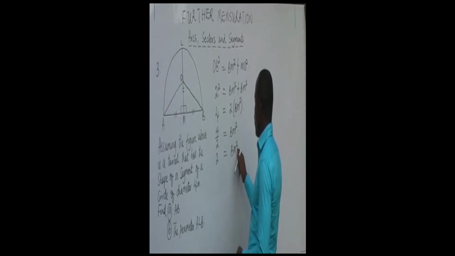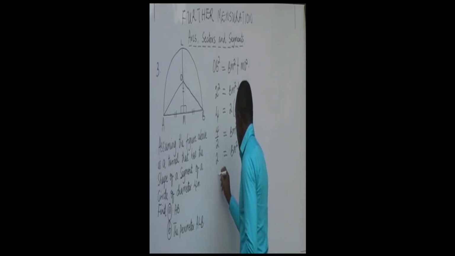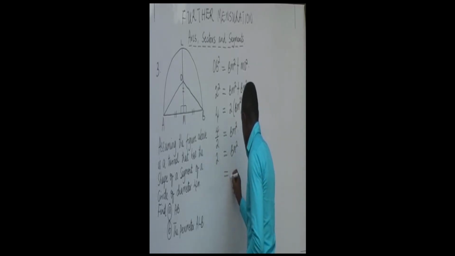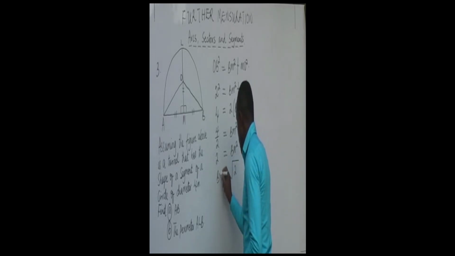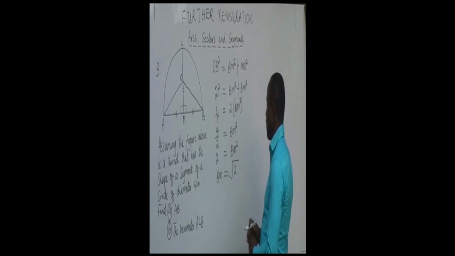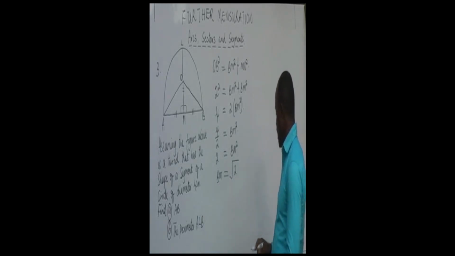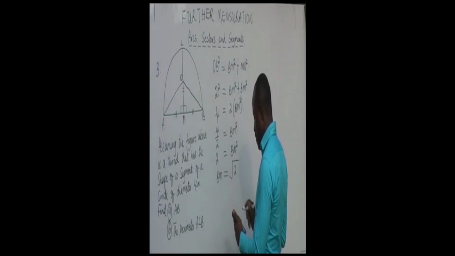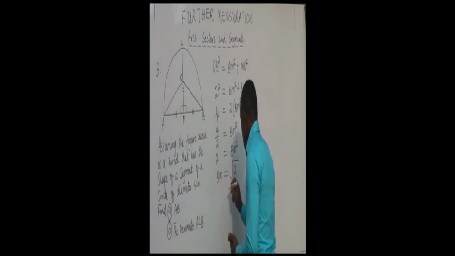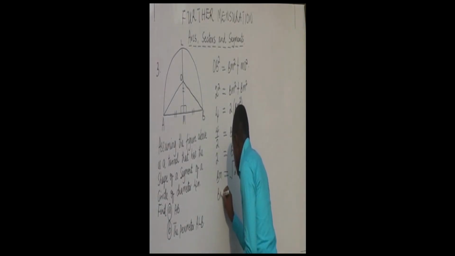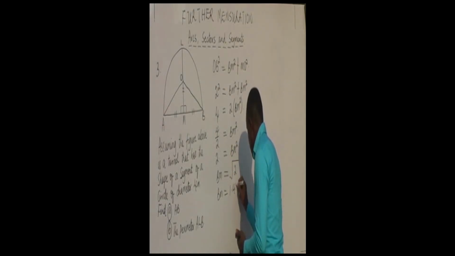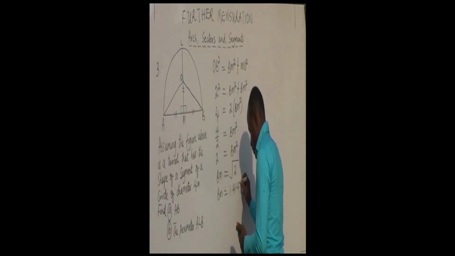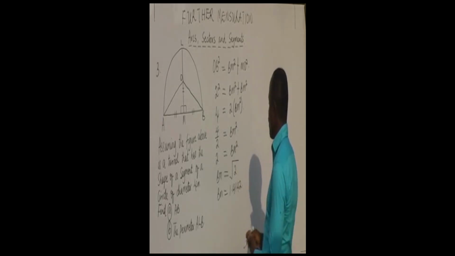If BM squared is 2, that means the square root of 2 is equal to BM. And what is the square root of 2? 1.414. That means BM is now equal to 1.4142 in 4 decimal places.